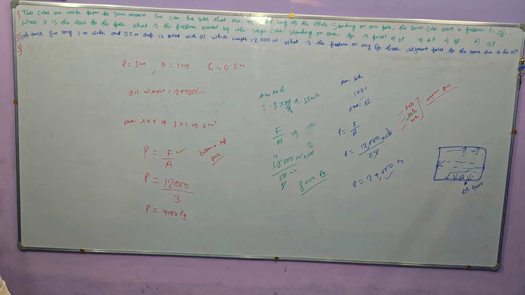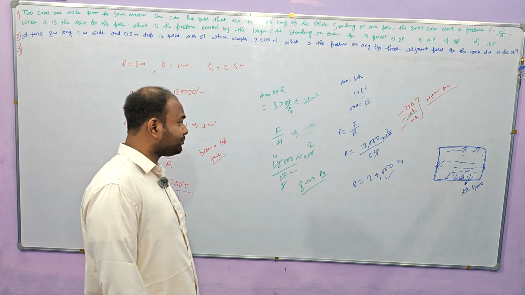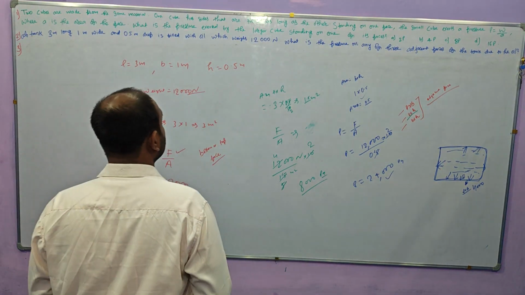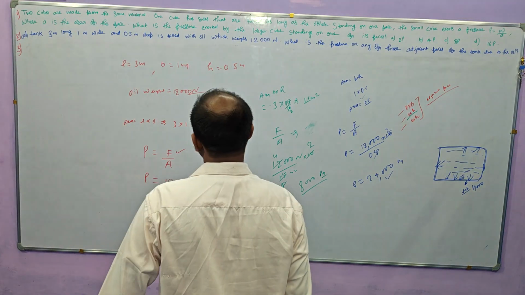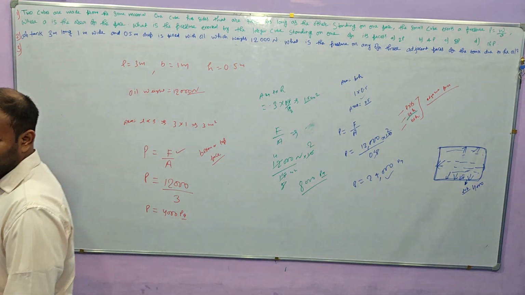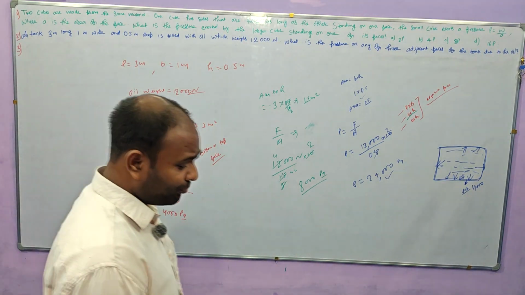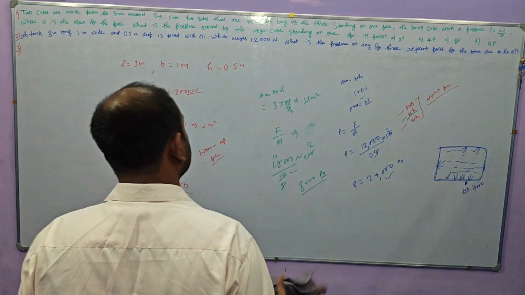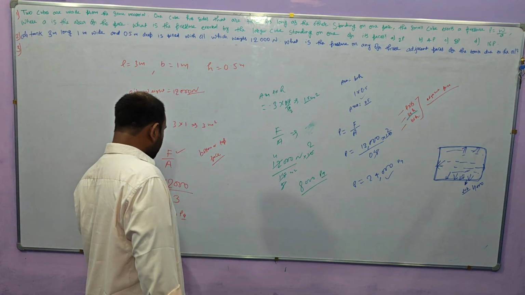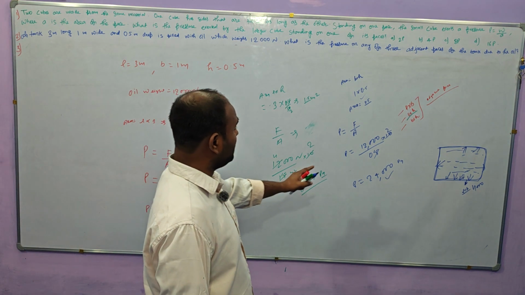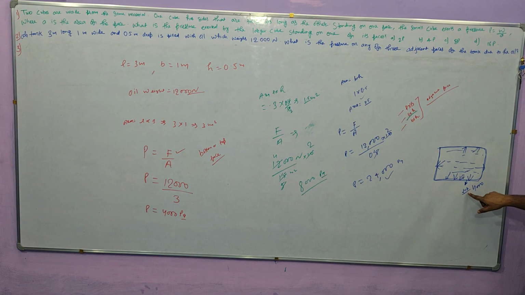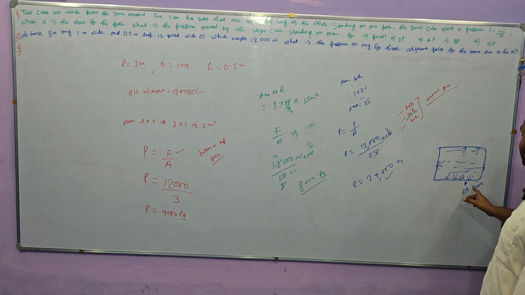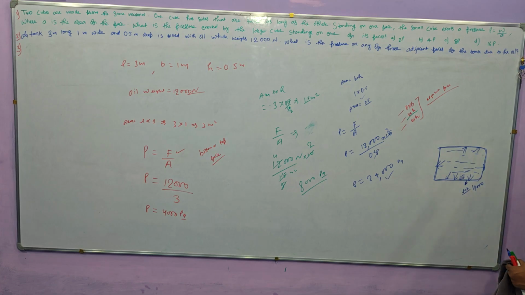So we can find out some method for the pressure exertion of each part, and we find it separately for the faces. Just suppose we have L into B at the bottom, and suppose we rotate the tank.